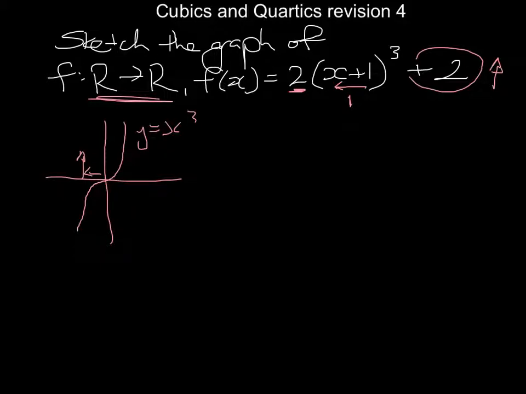That gives us a starting point for our point of inflection. So I'll just draw another one here. We're looking for the same shape as the y equals x cubed graph, except we're going to have our point of inflection across by 1 to the left and up by 2, which if I start the sketch will go somewhere in here, like so.